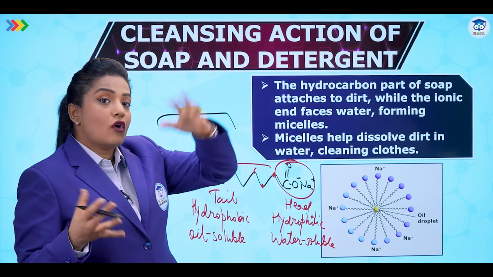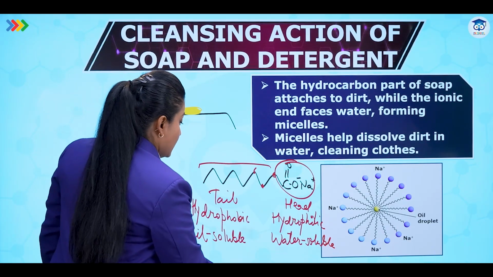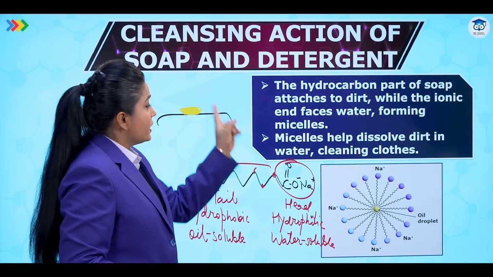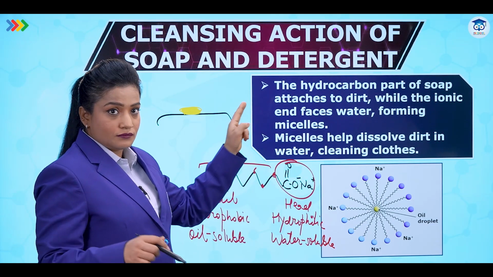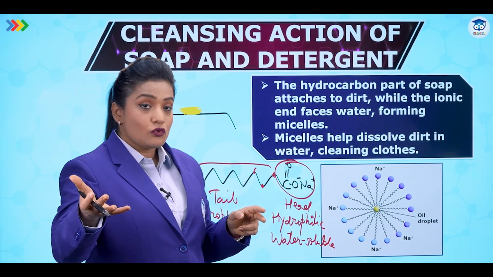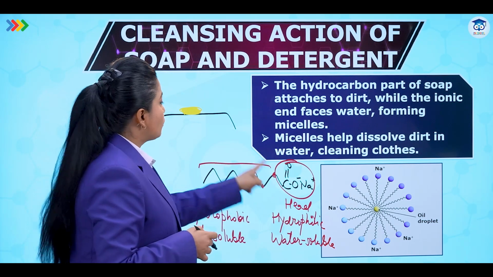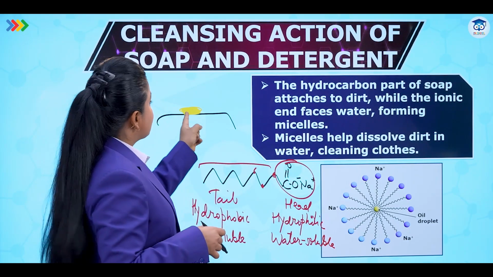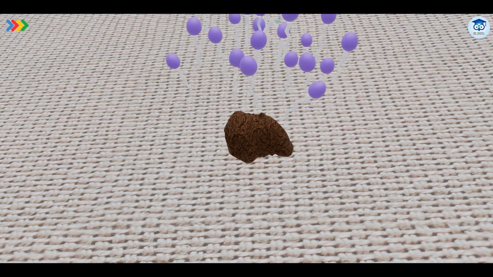Now when I add water and soap to it, what is going to happen? As the head part is water soluble, it will stay away from the oil. It will stay close to water. So in the bucket we have water. That means the head part of the soap molecule will stay away from the oil, so it will arrange itself like this.